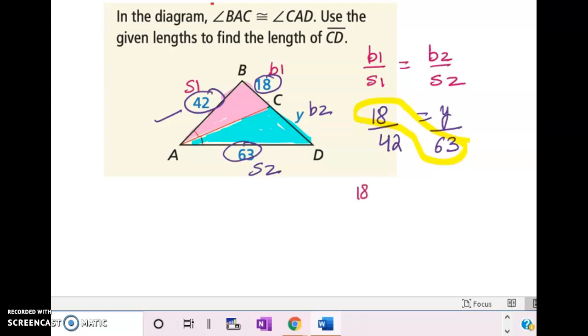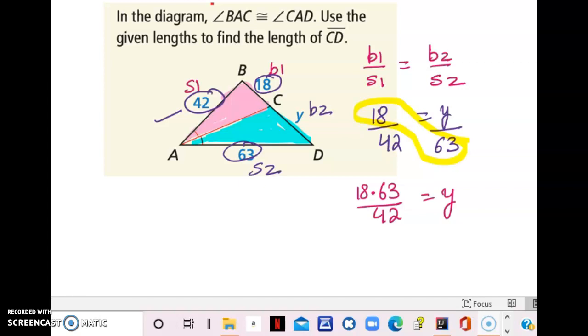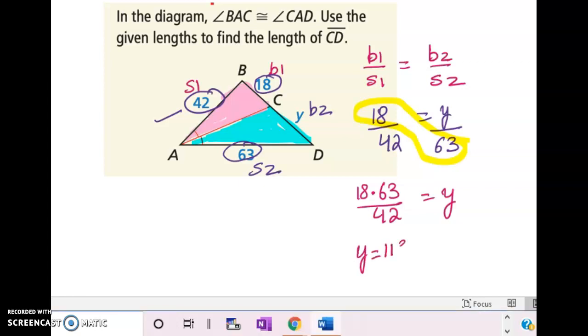So I will get 18 times 63 divided by 42. If I simplify this, I will get y is equal to 1132 divided by 42. And if I do, this is 1134, my mistake.